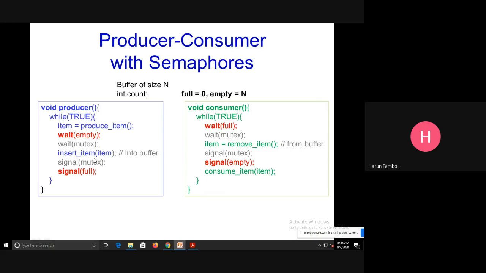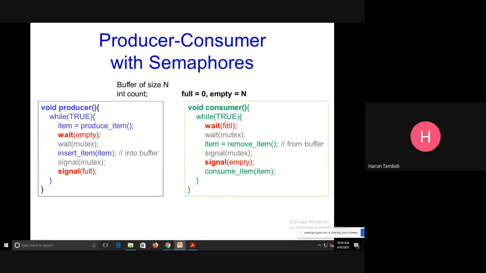After that it performs the signal operation, and then afterwards it will perform the signal operation on full. So signal on mutex changes the value from 0 to 1, and signal on full changes the value from 0 to 1. Also it can be 1 to 2 and so on.